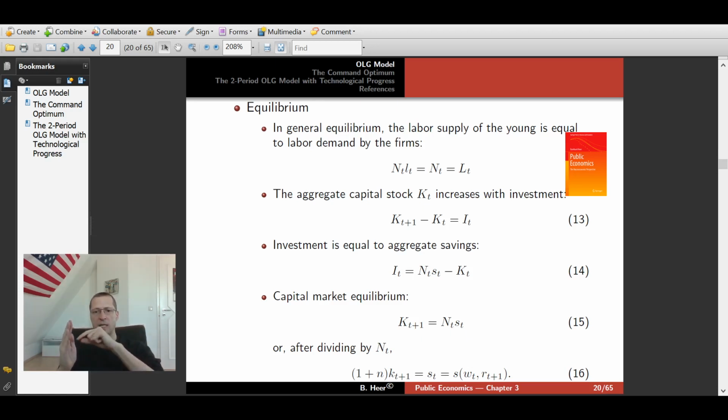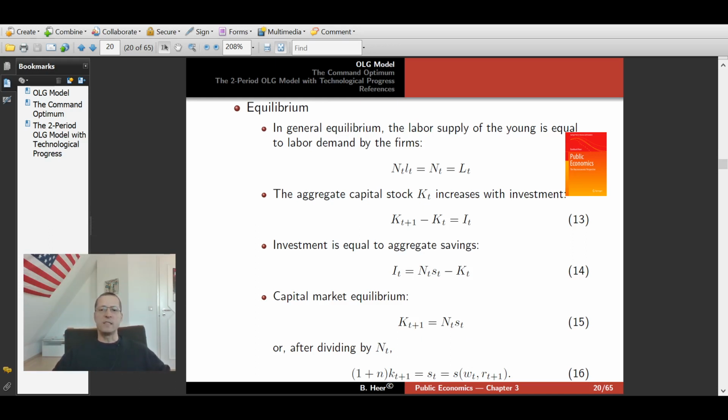Now at the end of the period, we take our savings, and this forms the basis for next period production, and we produce over the next period t+1 with the help of the capital stock K_t+1, which then is repaid again to the old. So this is our capital market equilibrium.